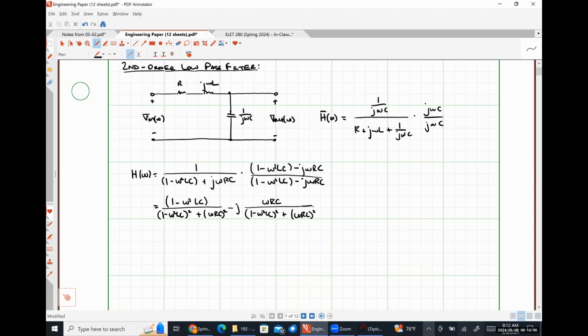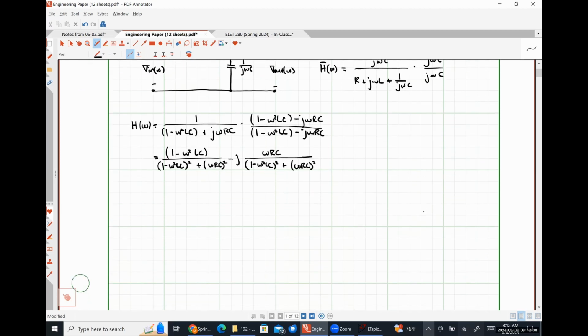All right, so we have things split into the constituent real and imaginary parts. So now we can very easily find the magnitude response. That's going to be the square root of the real part squared plus the imaginary part squared.